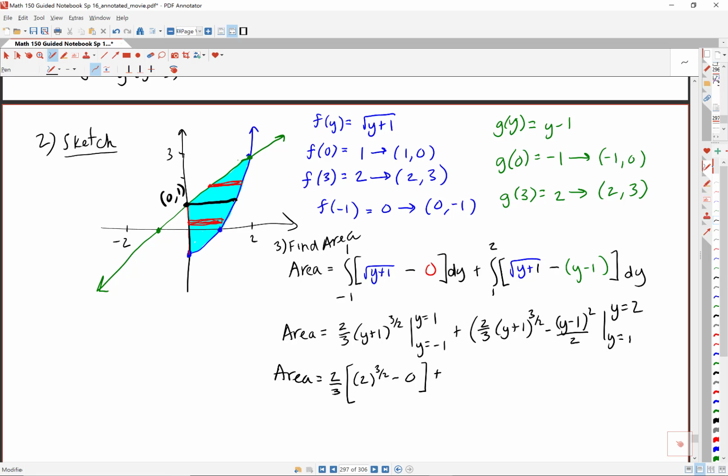And then we'll have 2/3 times 3 to the 3/2 minus, 2 minus 1 is 1, so you'd get 1/2.